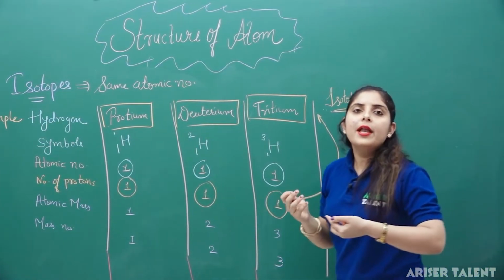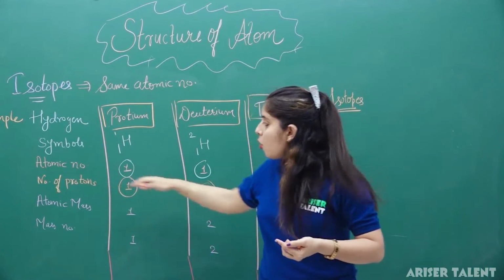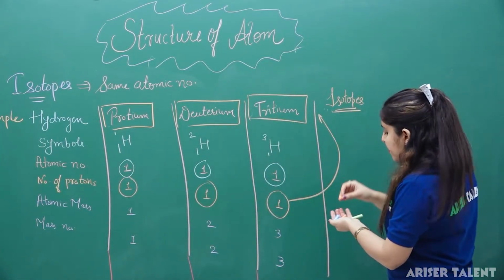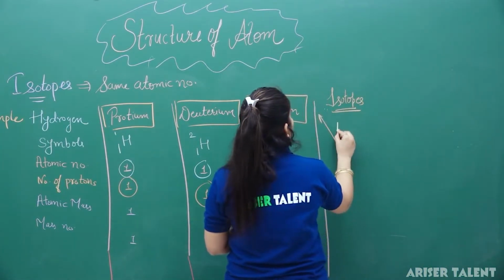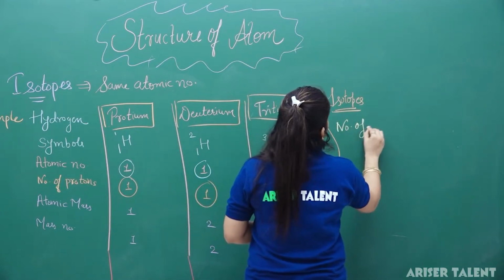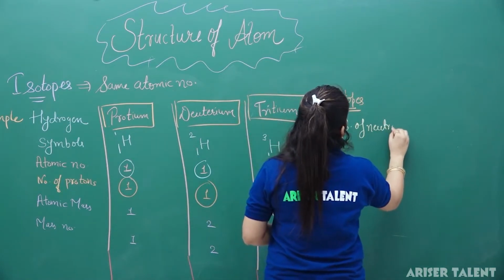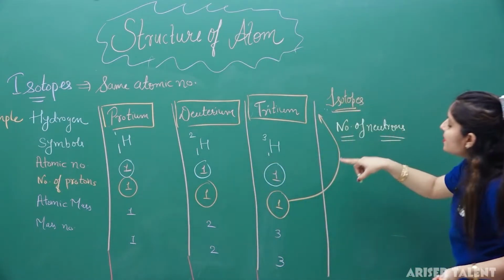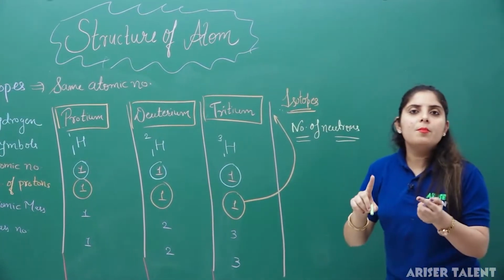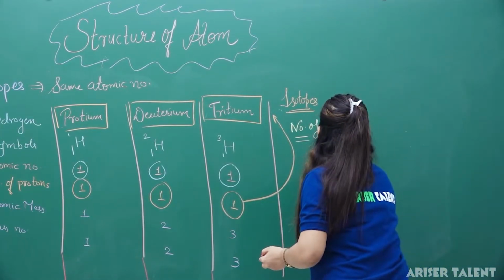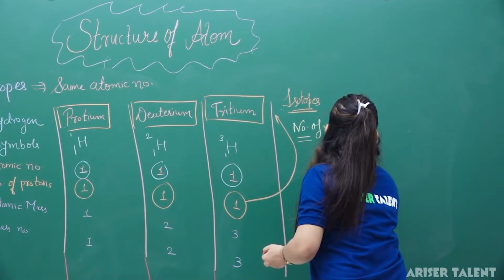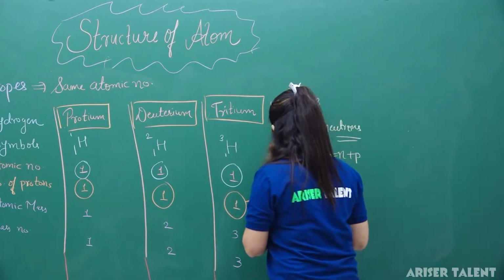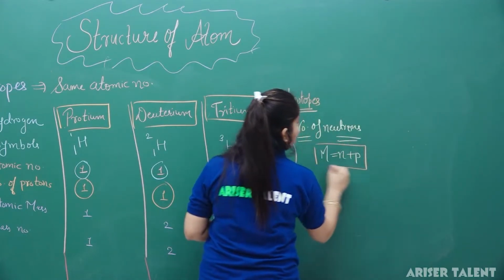Now we want to calculate the number of neutrons in all three. So we will calculate the number of neutrons here. We know that mass number will be the sum of the number of protons and neutrons. So we have M equal to N plus P. This is the formula for mass number.